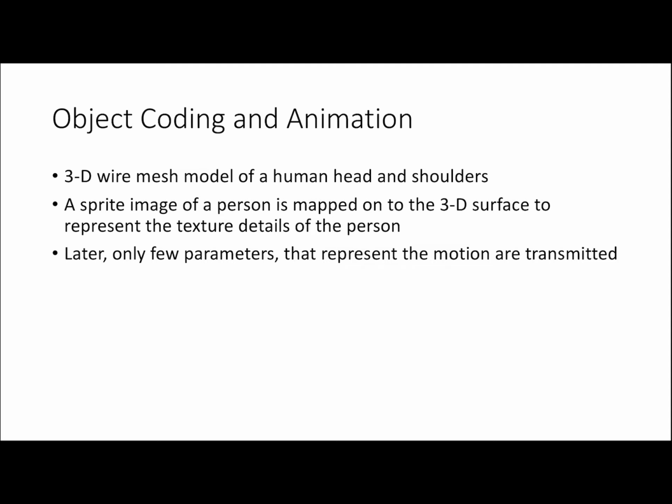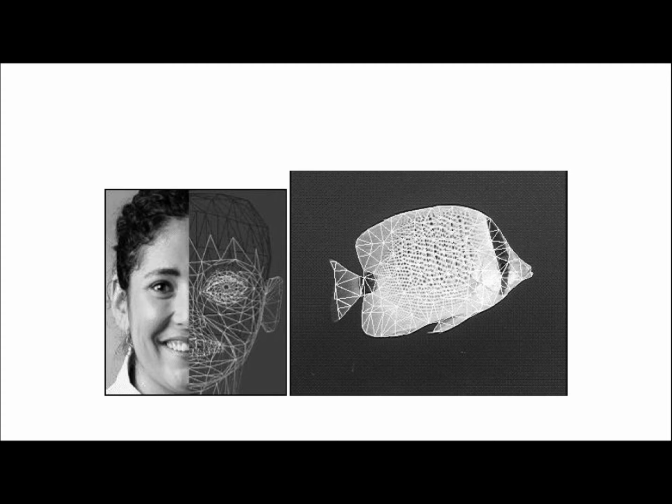A sprite image of a person is mapped onto the 3D surface to represent the texture detail of the person, which includes skin color and maybe some other details of the texture of the skin. Now both model and human face sprites are required to be sent by the transmitter to the receiver in the beginning, and subsequently for each frame only few parameters that represent the motion of person are to be transmitted.